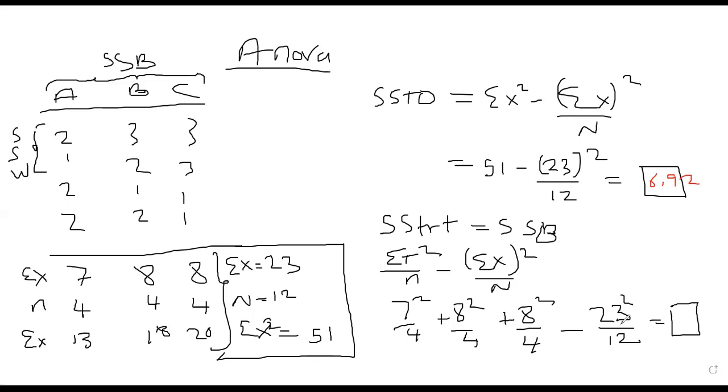And so this is basically 23 squared over 12, which is the correction term, 44.08.